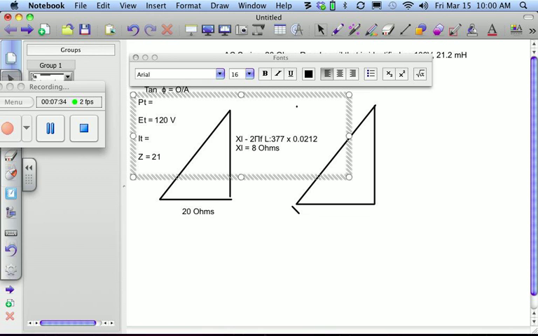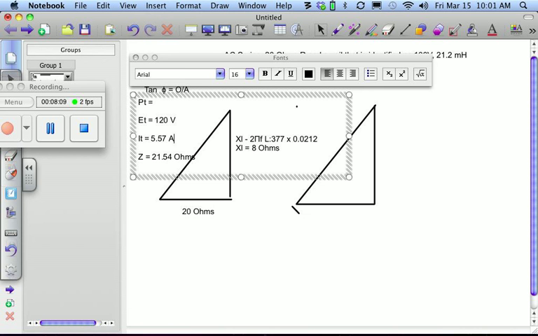So now we know our impedance is 21.54 ohms. Now that we have that, we can take 120 and divide that by 21.54 ohms, and that'll give us our current. So we put in 120 divided by second function answer, enter, and we get 5.57 amps.